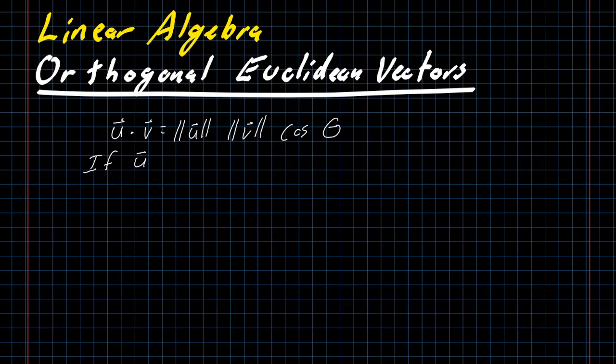And if u is orthogonal to v, and I'll use this upside down T looking thing to mean orthogonal, that's something that will come up fairly frequently, whenever you have two orthogonal vectors, the cosine of the angle between them is going to be 0.